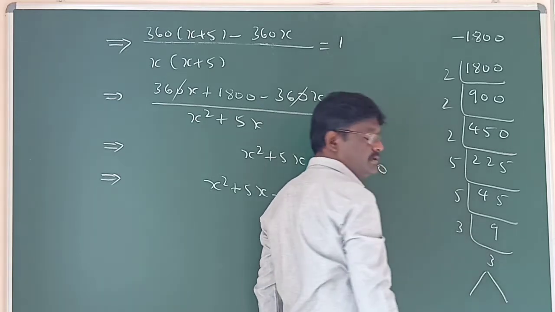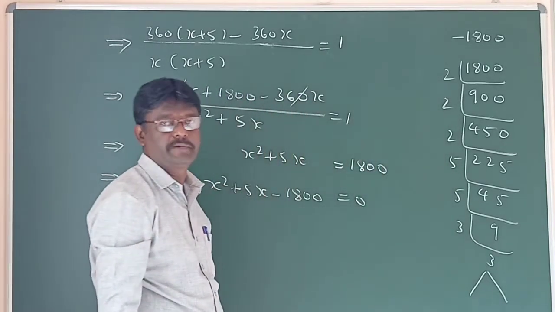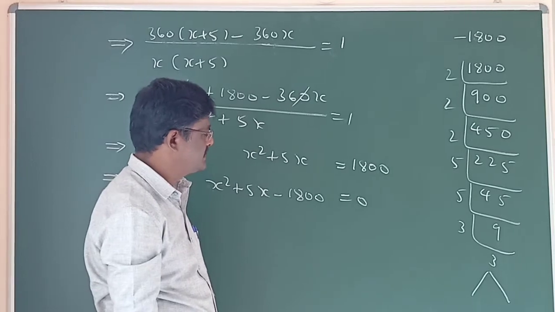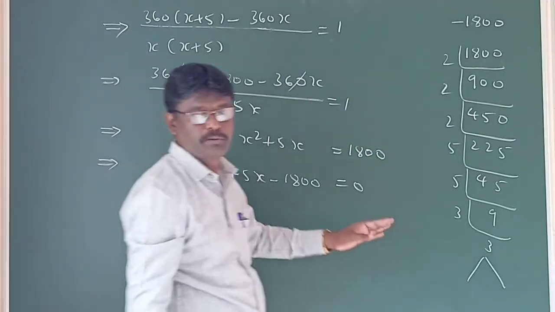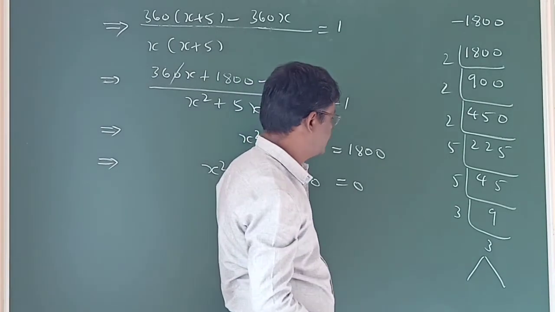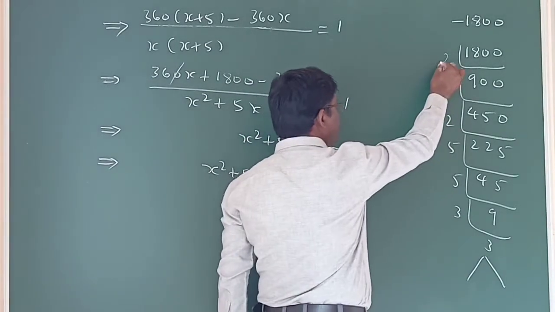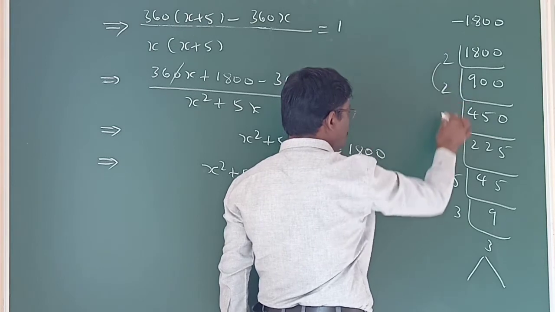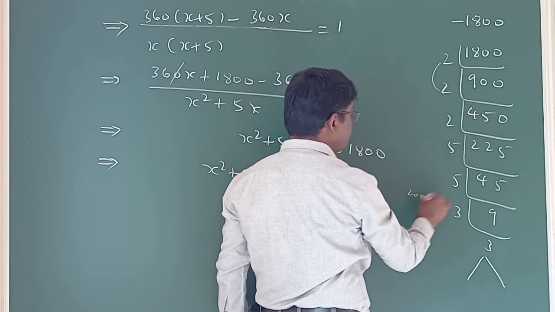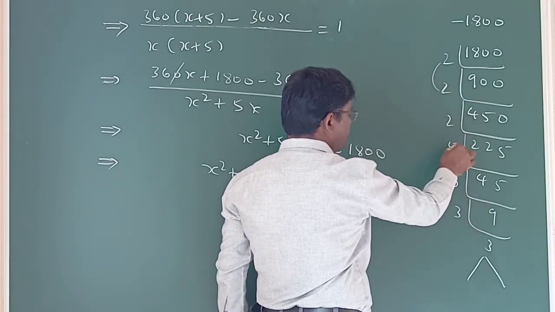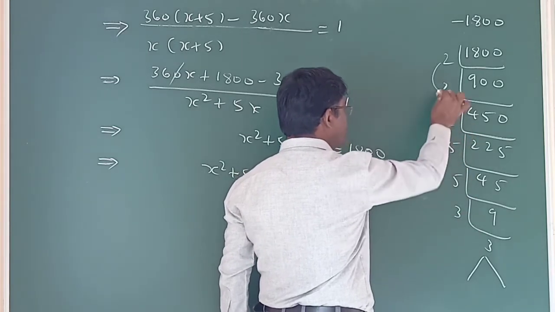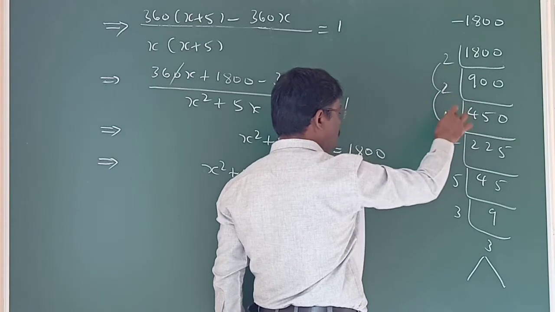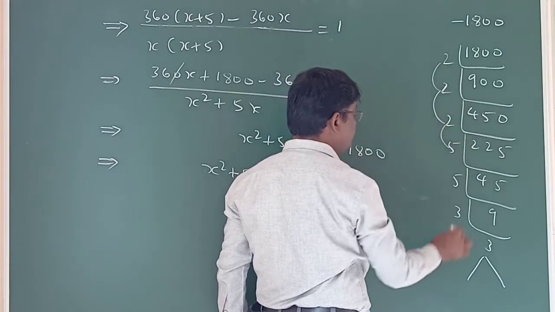Now we know we have to group into 2 so that we must get the difference plus 5 and the product, no problem at all, we will get it. Hence here let us group this. 2 2s are 4, 4 into 5 20, then 5 again, 2 5s are 10, 30, 60, no. Then again we have to change. 2 2s are 4, 4 2s are 8, 8 5s are 40.